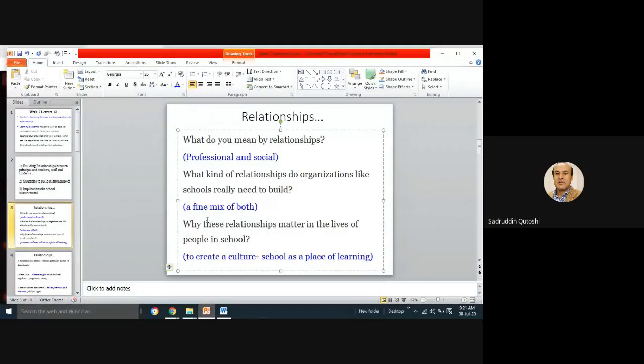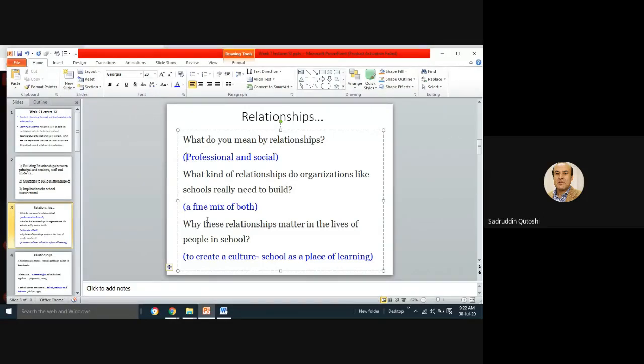But the next question is, what kind of relationships do organizations like school really need to build? Here is an important point to note: because of the nature of a school, you need to understand a fine mix of both professional and social relationships.